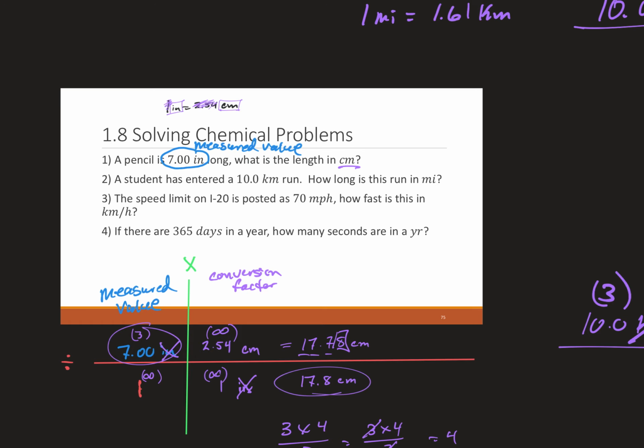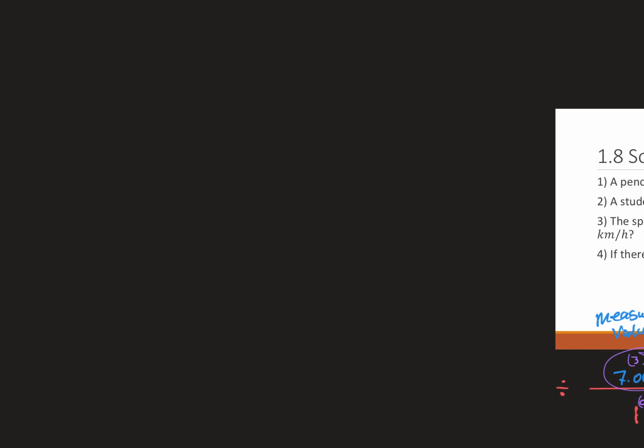All right, question 3. The speed limit on I-20 is posted as 70 miles per hour. How fast is this in kilometers per hour? So 70 miles per hour is how I would write it. And we're converting it to kilometers per hour. Because it said per hour, we have the 1 here and the unit hours in the denominator.